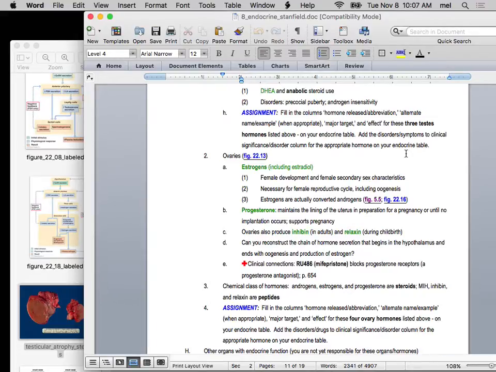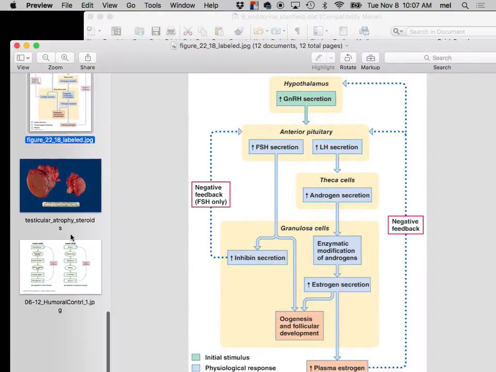But let me tell you how it really works a little bit, and I don't usually try to trick you about this. Here's what really happens. LH goes to certain cells in the ovaries, and it causes secretion of androgens. But then females have boatloads of these enzymes that can do the conversion of androgens to estrogens.